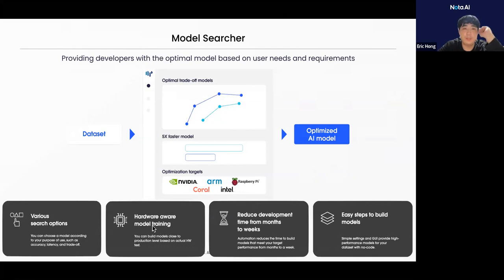In the training phase, the AI model knows which hardware device it will be deployed to, for example a Raspberry Pi, Arduino, or custom devices. So we support easy steps to build models.